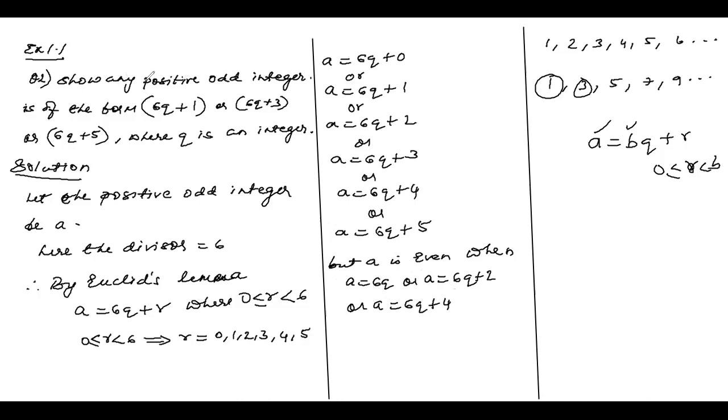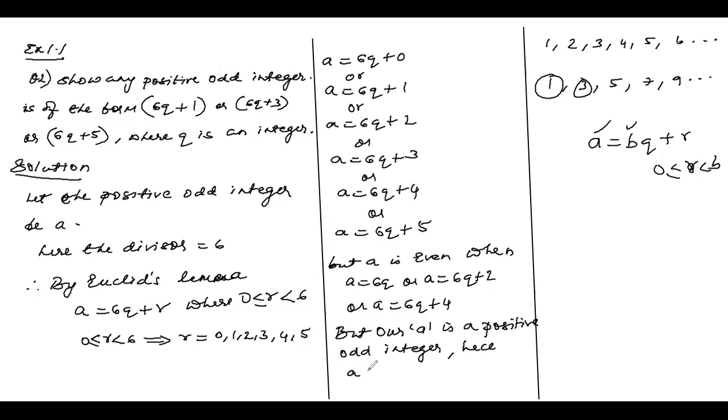Whereas I want to show that any positive odd integer, I want my A to be a positive integer, but A is a positive odd integer. Hence, which one will be true here?